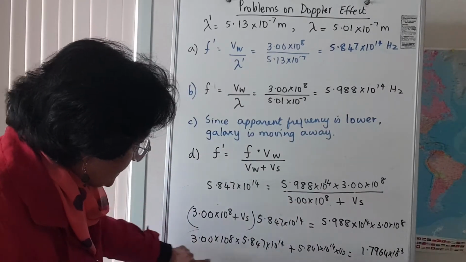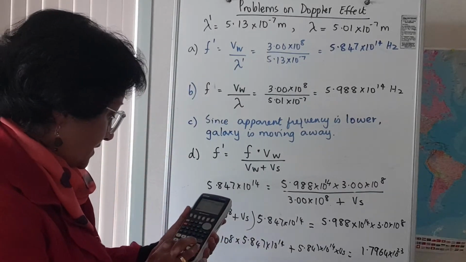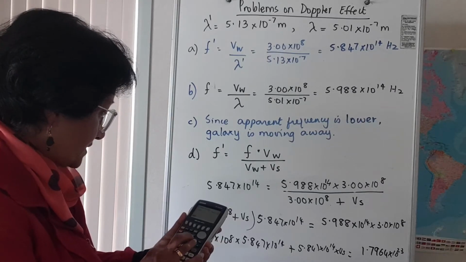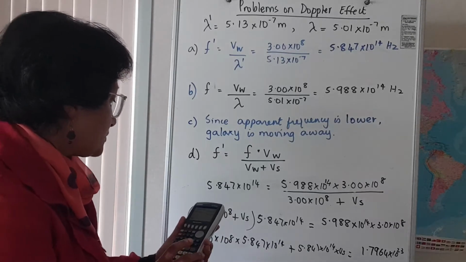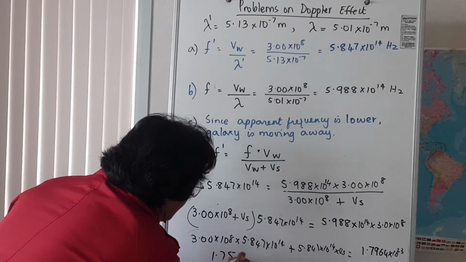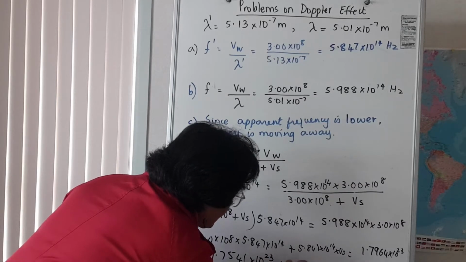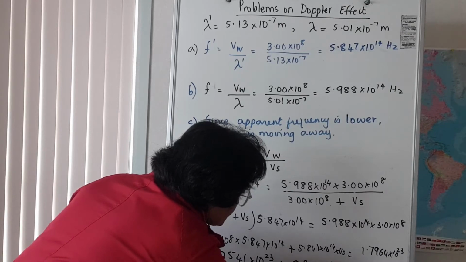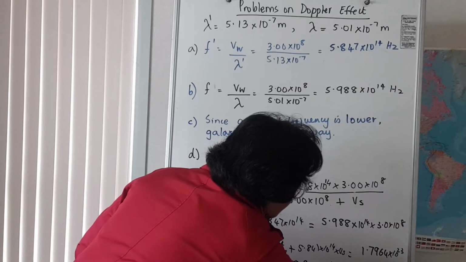And if I just get one number for this, so I get 3 exponent 8 times 5.847 exponent 14, I get 1.7541 times 10 to the power of 23 plus 5.847 times 10 to the power of 14 times vs equals 1.796 times 10 to the power of 23.